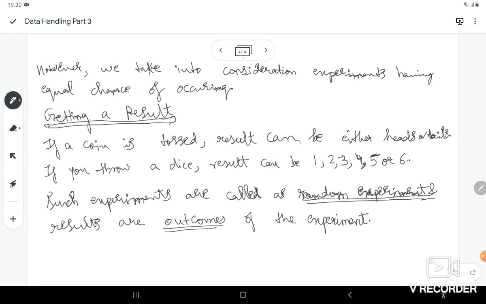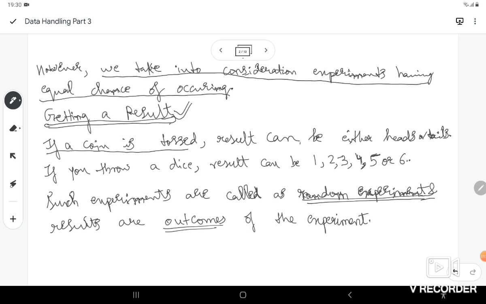But in real life, we take into consideration experiments having equal chance of occurring. Let's see what they are. So the next concept is getting a result. Now if a coin is tossed, then the result can be either heads or tails.